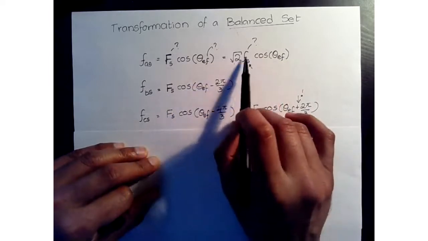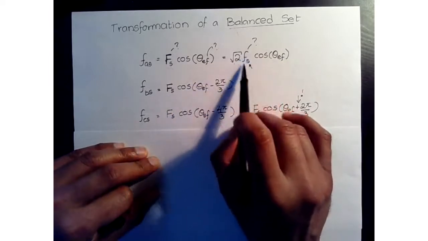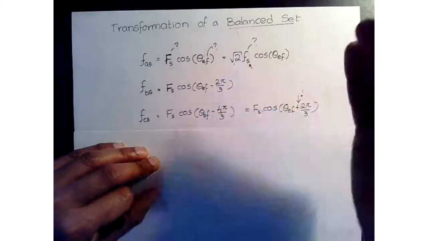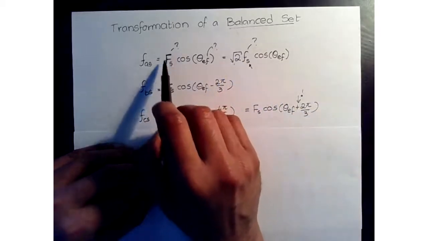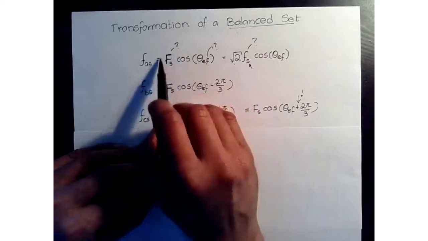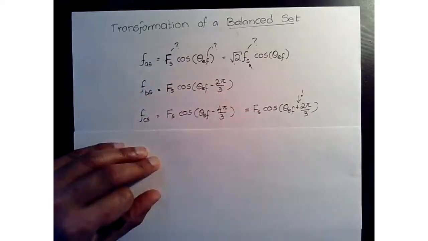If we represent it with root 2, Fs is going to be RMS, because root 2 times that is your peak value. But if someone represents your signal with just an Fs times cosine, this Fs implies that is your peak value itself.